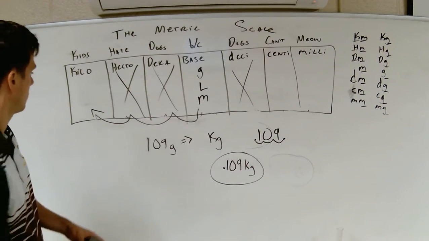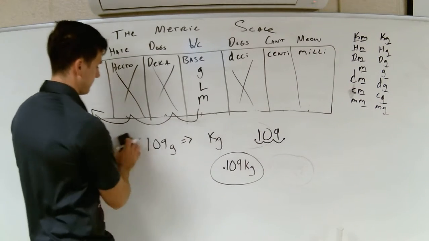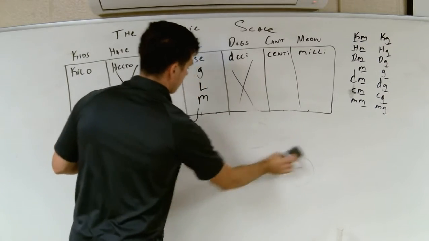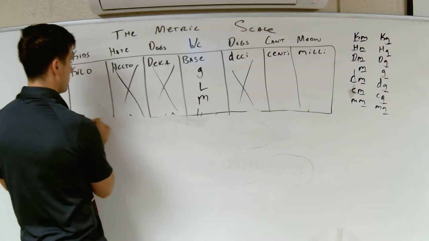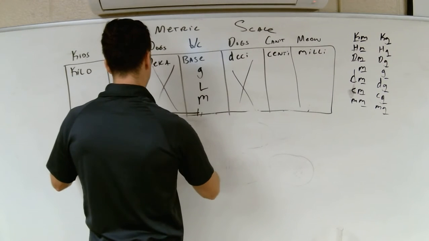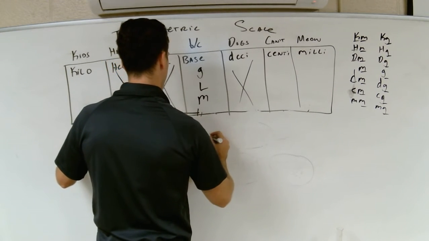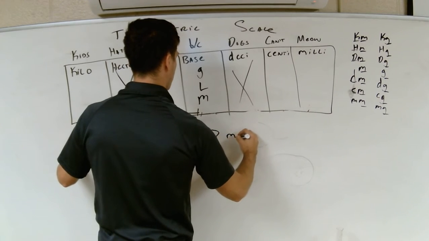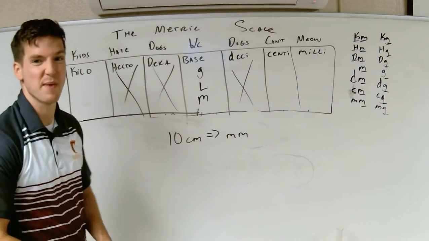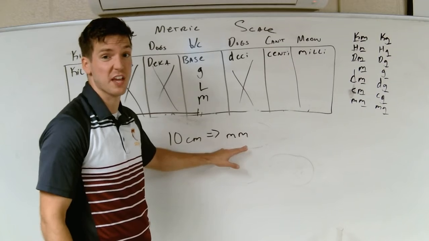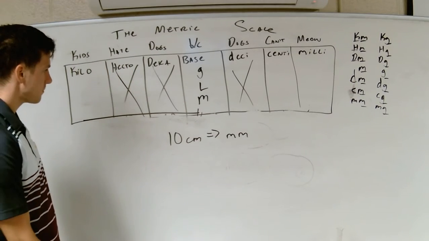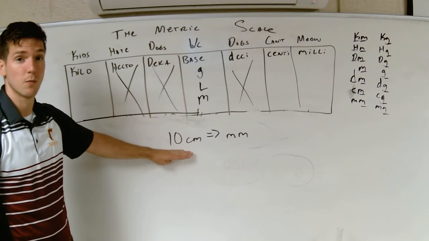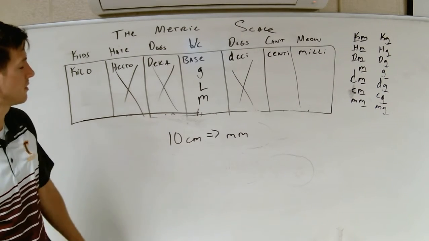Let's do another example real quick. Let's just say we're going from 10 centimeters to millimeters. That mm kind of throws people off because the letters are the same, so some people get confused. So we start with what we're given, 10 centimeters.